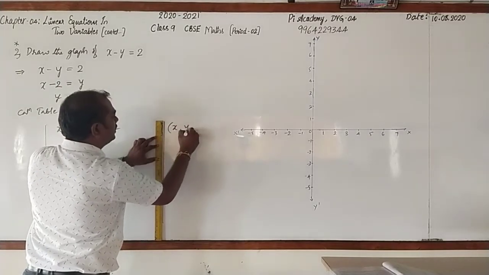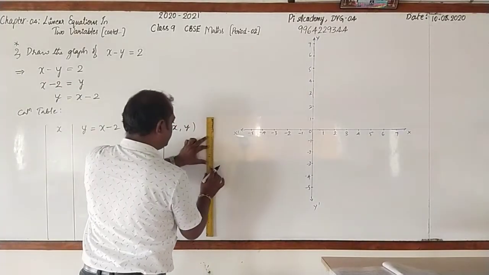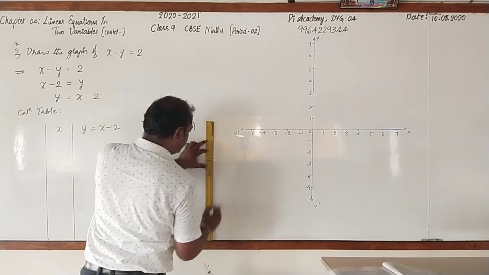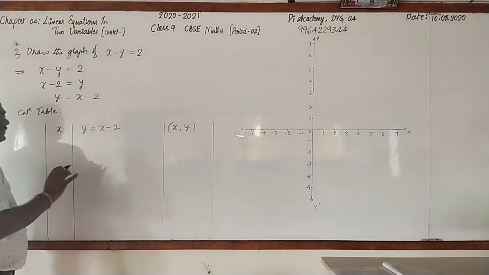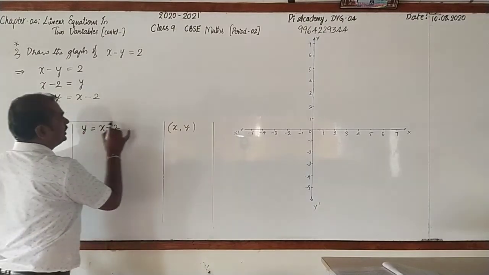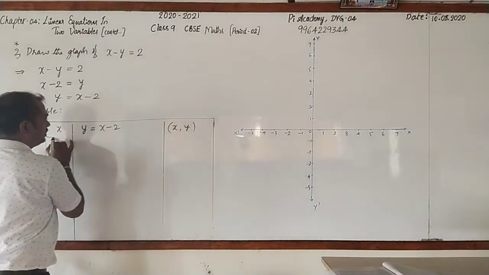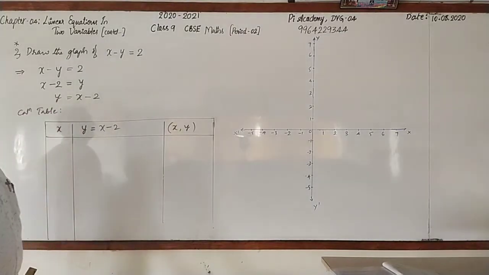Then the third column is for coordinates, to write the coordinate points, nothing but the ordered pairs. Again take a scale and pencil and draw the horizontal lines as well. Hope that you have finished.